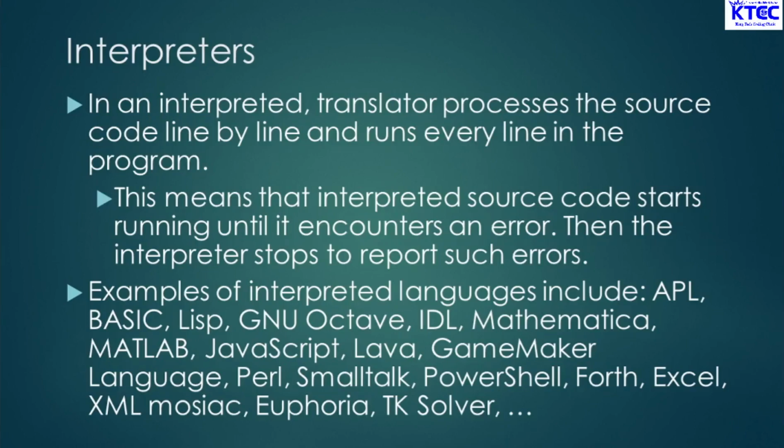It goes to the first line, reads it, comes to the second line, reads it. If there is any error in one of the lines, it prompts you to fix this error before it proceeds to the next line. Unlike the compiler, which finishes everything before it tells you there is an error in this line and that line, before you have to go back again. Imagine if you have billions of lines of code. How are you going to manage this?